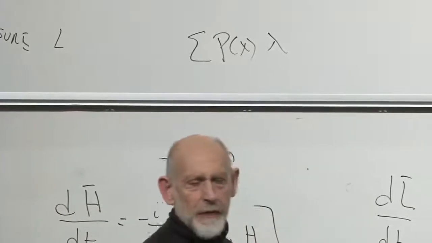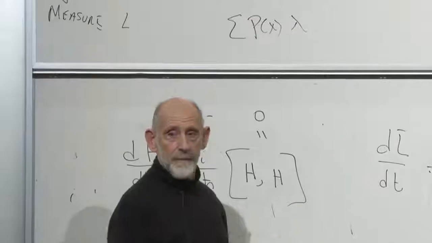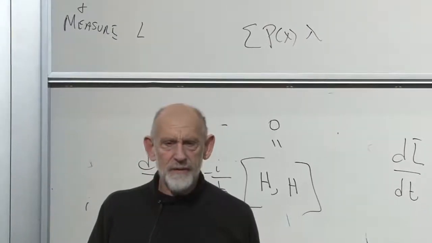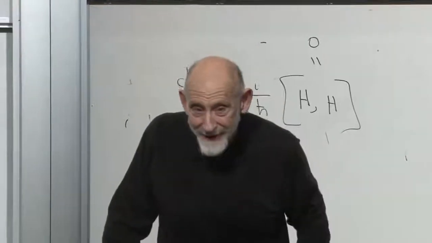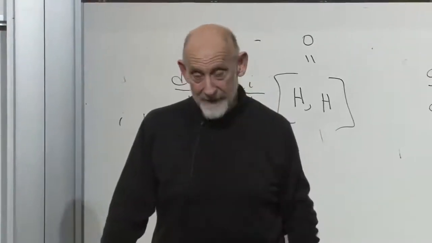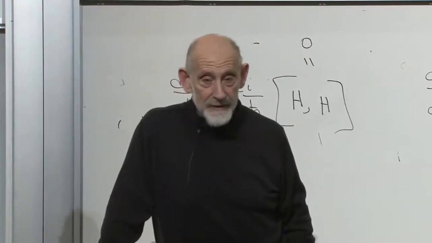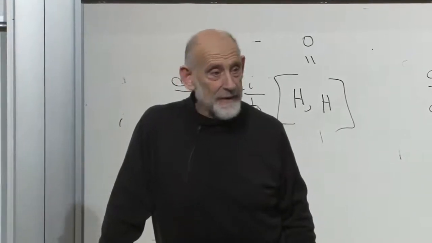I don't know, what's the standard symbol in statistics for an average in this sense? Sometimes they write mu or something. First moment of the distribution, mu they use sometimes. The first moment of the distribution. Okay. This is lambda.